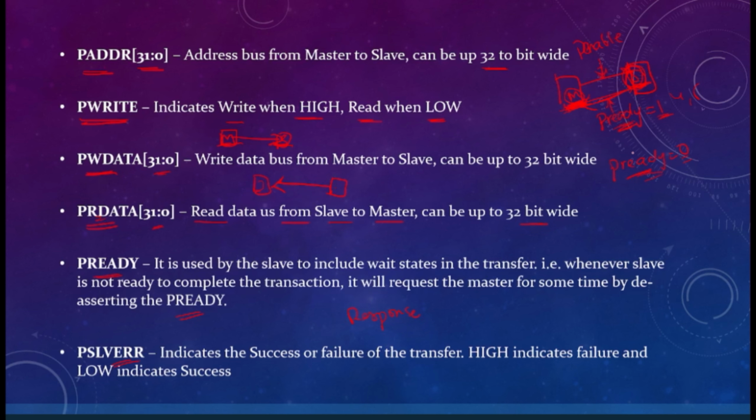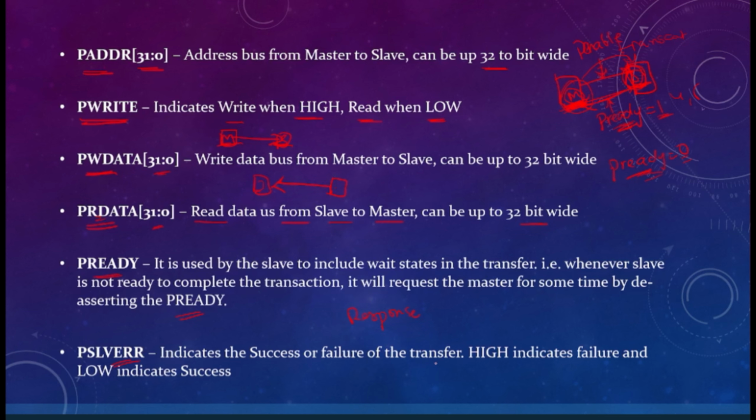This is also a response signal, because the slave will be responding to the signal sent by the master. If the transaction sent by the master is not completely received, or if there is any error while receiving it, the slave responds with the slave error.